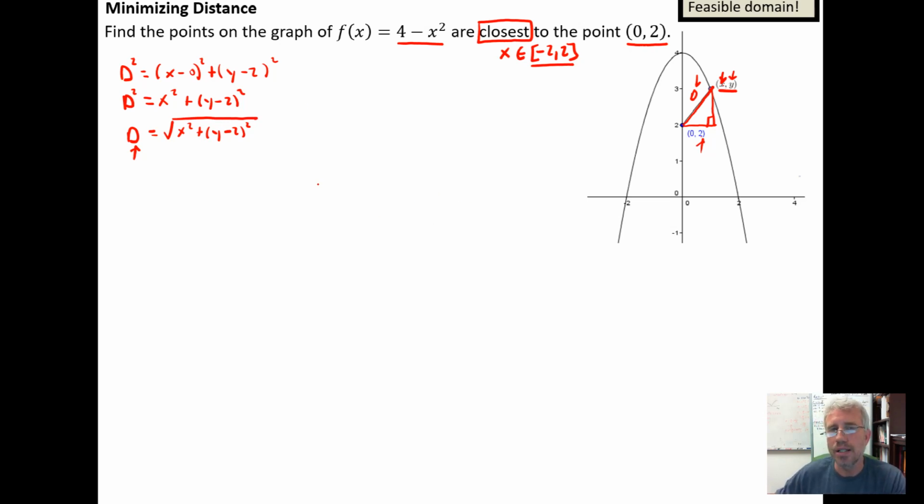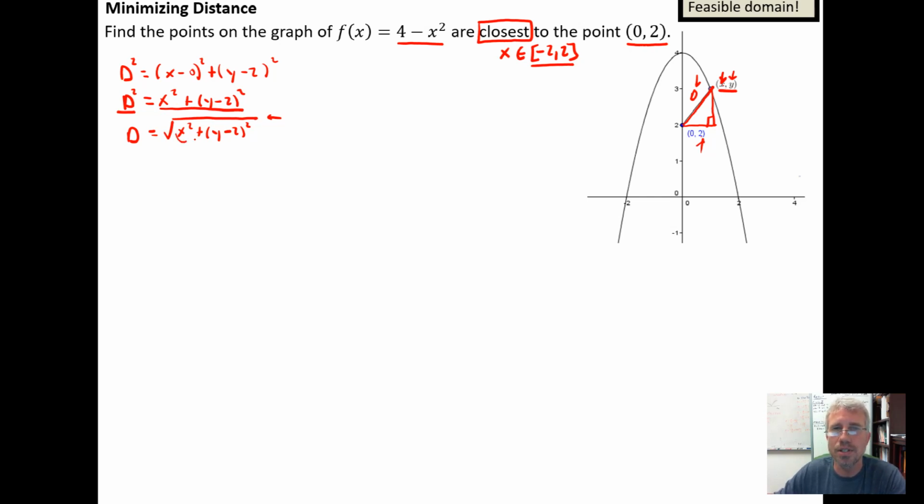What we want to recognize, to make our life easier so we don't have to deal with the square root here, is that if we make D squared as small as we possibly can, that will guarantee that the square root of D squared is small. So if we minimize this, we minimize the square root of that as well.